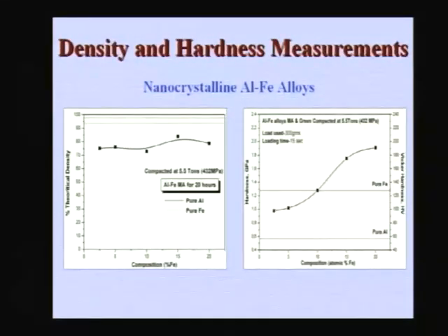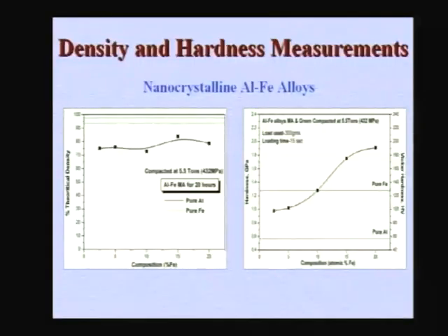There is another example here, an aluminum iron alloy, where what we see on the left side is an aluminum iron nano composite which is compacted, and it gives you an idea of the densities achieved in the green condition, that means as compacted, without any sintering.